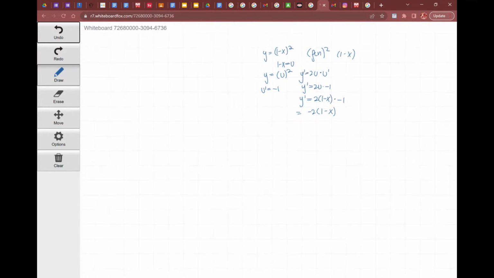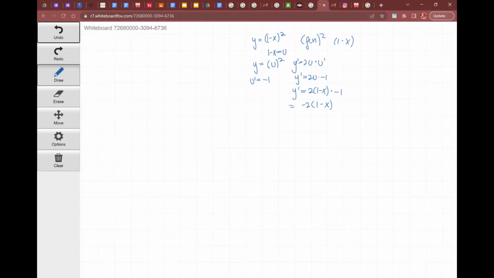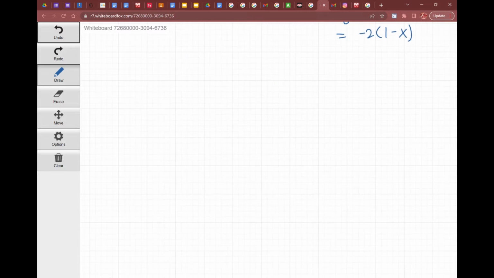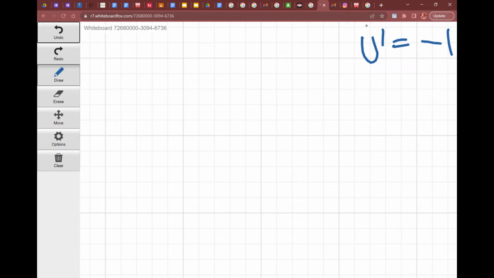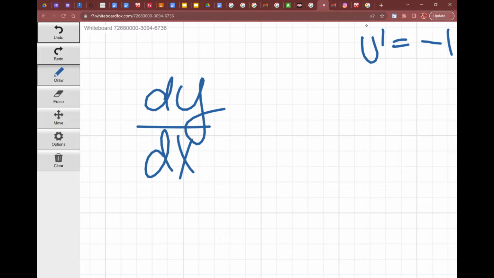But another way to look at chain rule is, so, dy over dx, right? I don't know if you guys have seen this notation before, but dy over dx is another way of writing y prime.